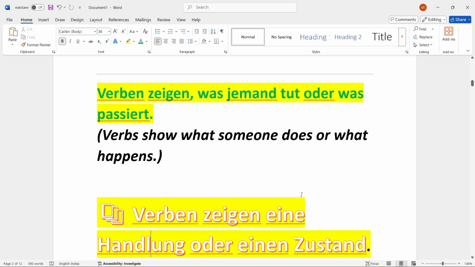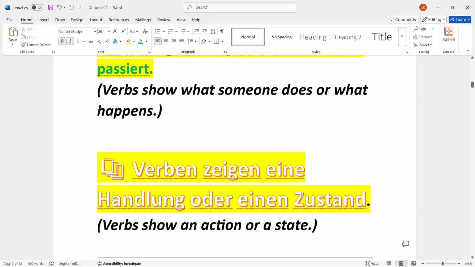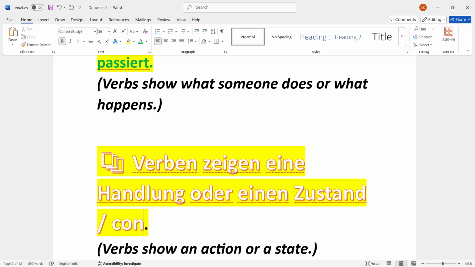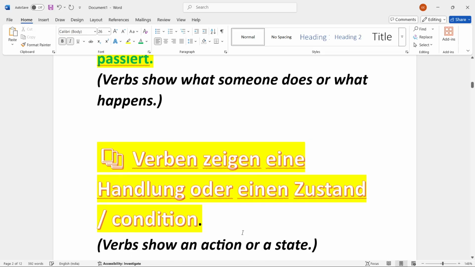Verben zeigen eine Handlung oder einen Zustand. We can say Zustand, it means condition. The verbs show an action or a state, or we can say condition.